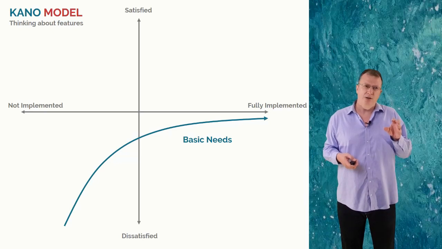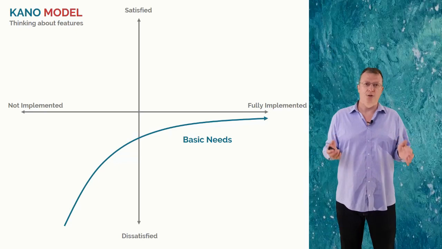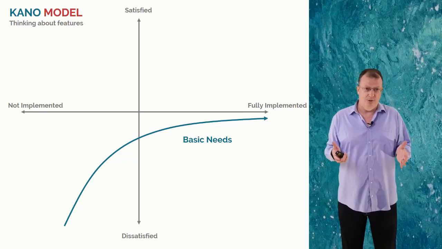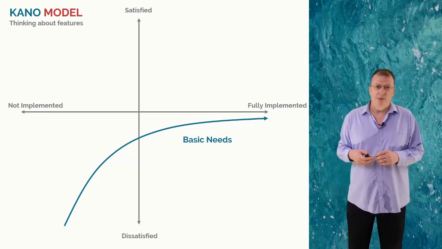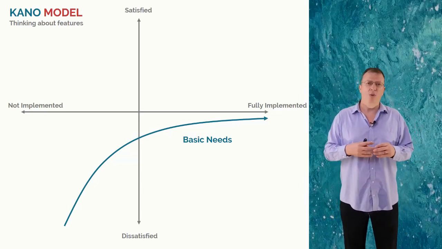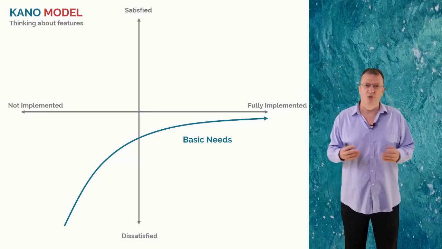Now this applies to things like my hotel room is clean. If the feature is not implemented, that means the hotel room is extremely dirty. Most customers will be extremely dissatisfied if their hotel room is very dirty, all the way through to it being very clean, and customers would be quite happy.